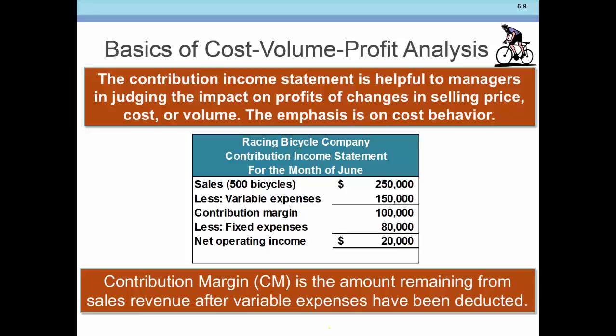How many bikes are you going to be making? 10,400 bikes? Okay. 10,400 bikes. Can you do it? How many bikes is that per month? 10,400 divided by 12 is what?